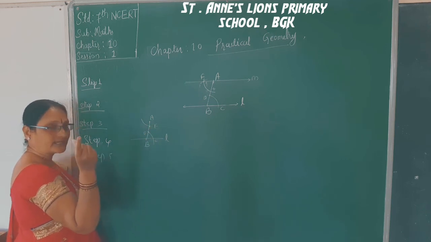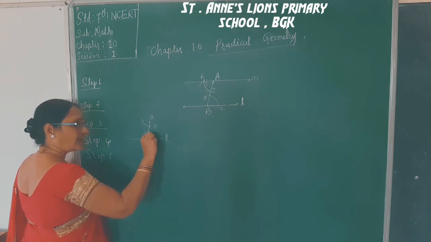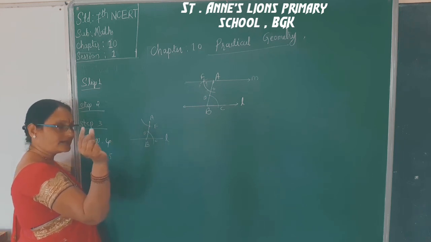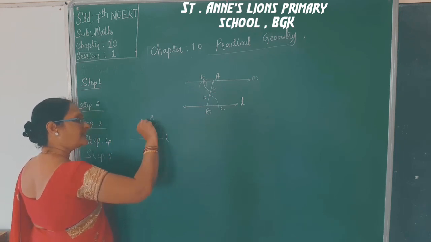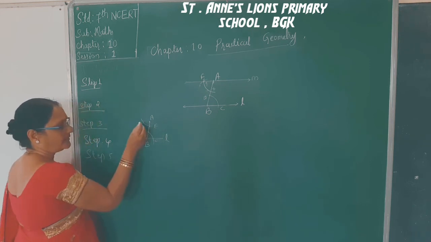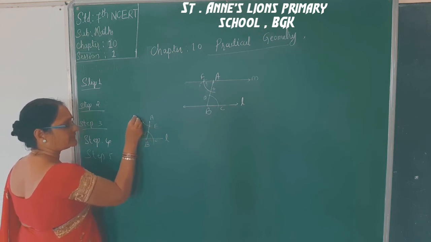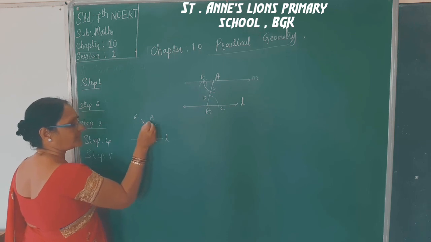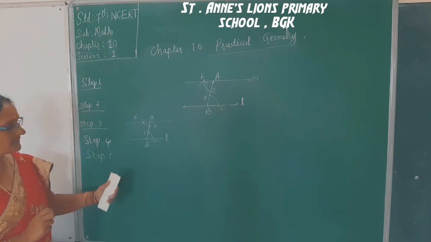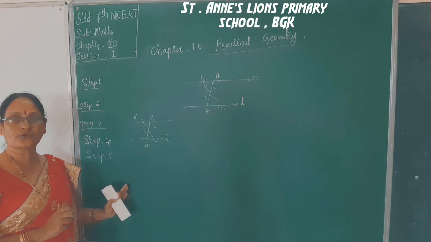After that, take the compass and tip of the compass point will be kept on the C and measure the measurement of this CD. Take that much as the radius. Now E as the center, you just cut this arc. Okay, where this arc is cutting this arc now, that point is nothing but that is F. Now join this F and A and extend it. Yes, this is what the rough diagram with all the 7 steps included.